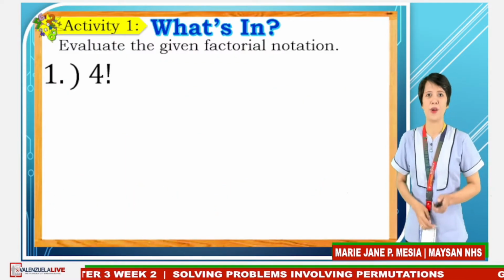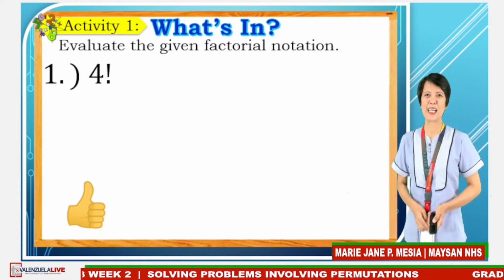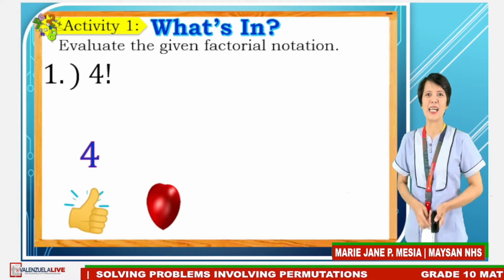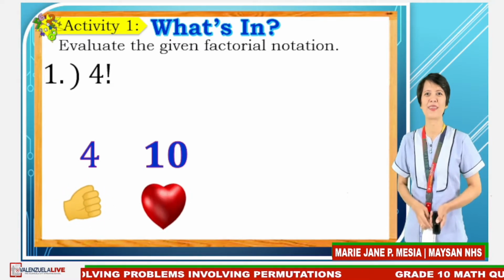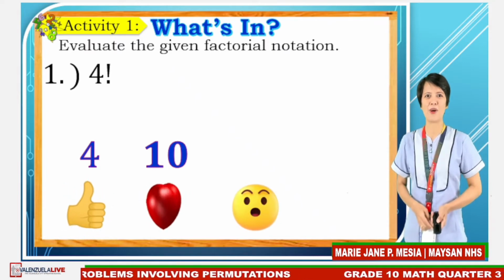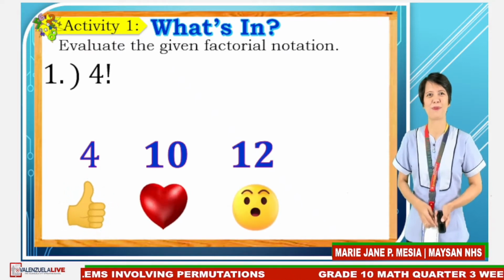Number 1, 4 factorial. In like emoji, we have 4. In heart emoji, we have 10. In wow emoji, we have 12. In haha emoji, we have 24. Okay, the timer starts now.